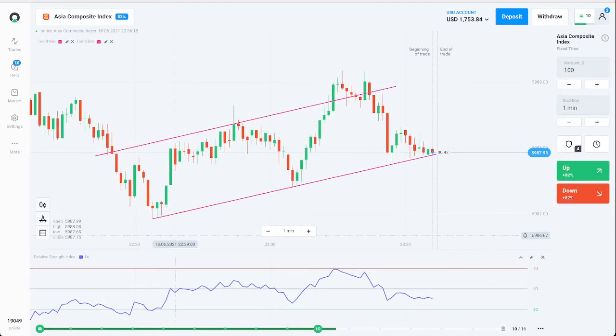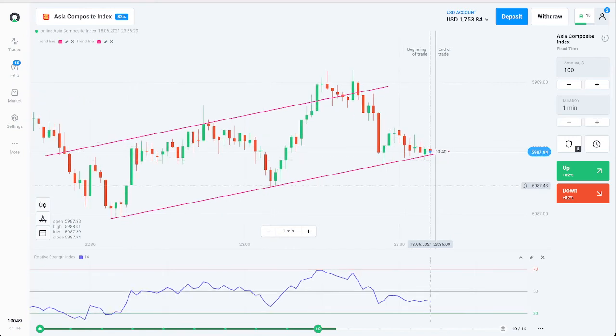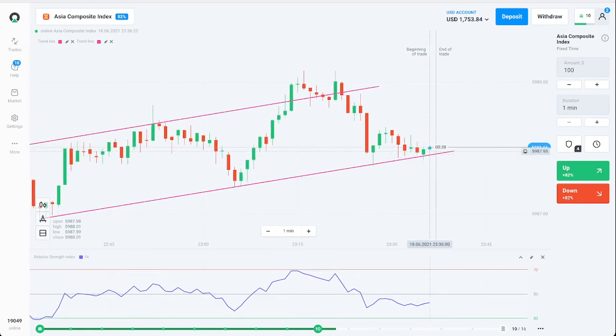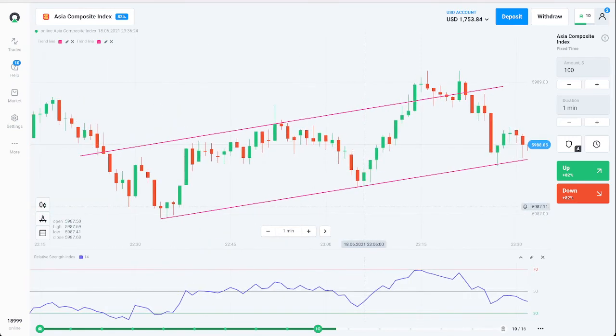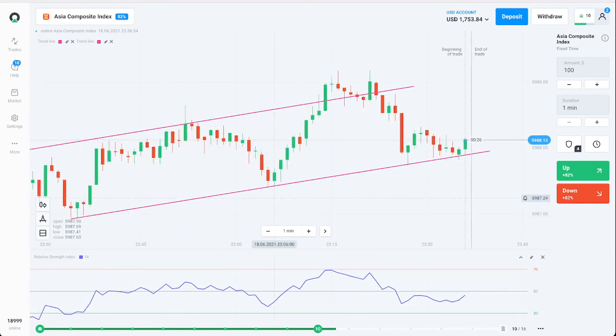Okay, so now we've got the trend lines coming to this already. You can see that this is an uptrend. It's creating a mountain, a curve, waving. You can see this is how the markets perform.